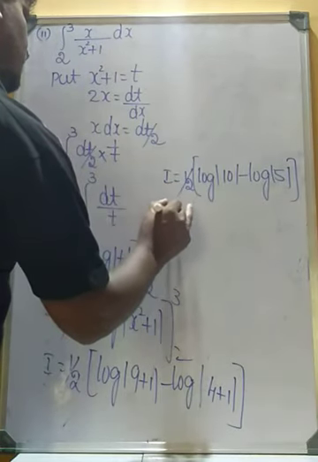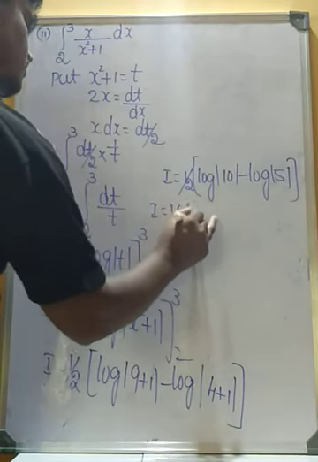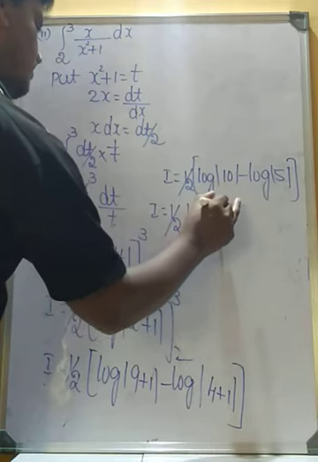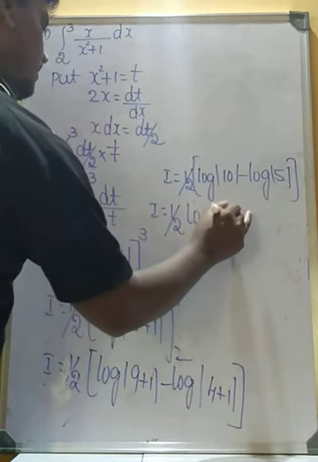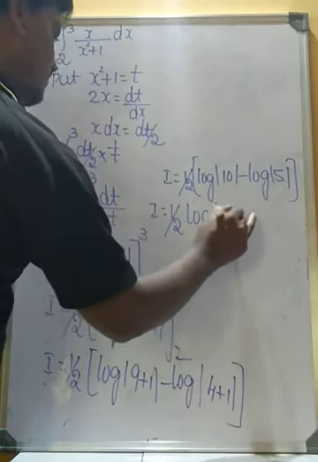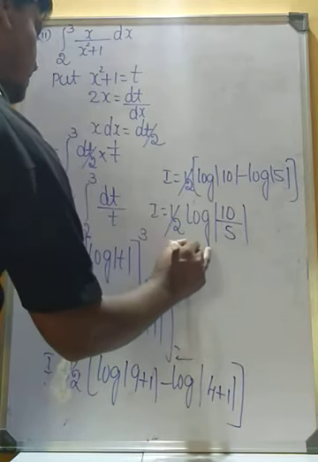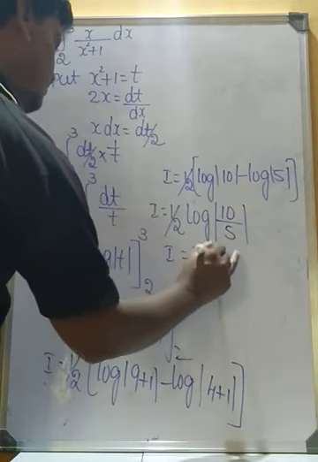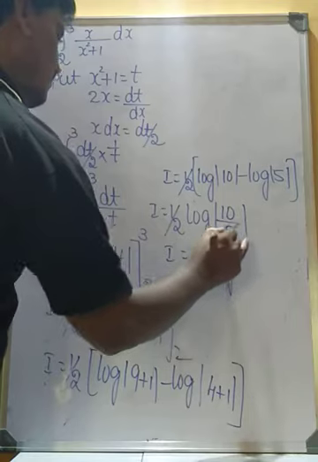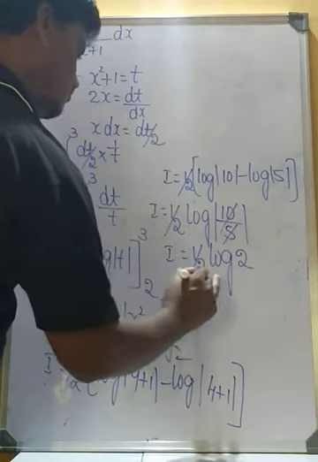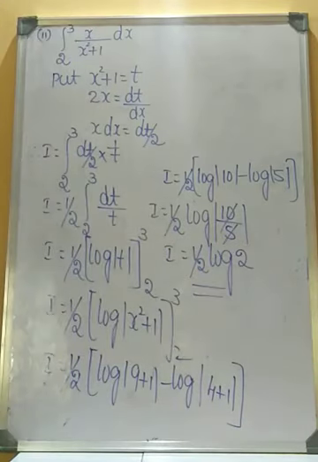Therefore I equals 1 by 2, so log a minus log b is log of a by b, 10 divided by 5. Therefore I equals 1 by 2 into log 2.